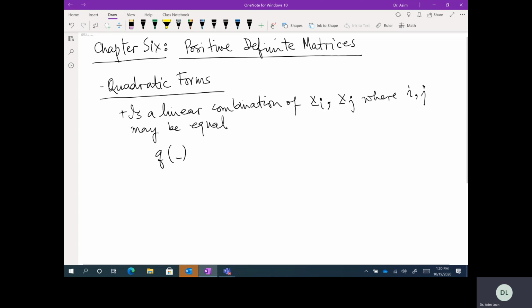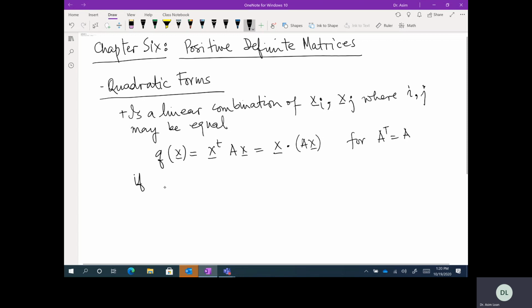For the vector x, q of x is x transpose Ax, which is x dot Ax, the dot product with Ax, and we assume A transpose equals A.